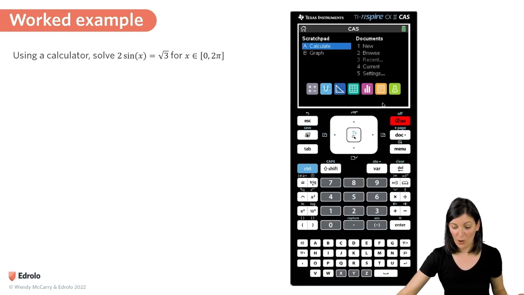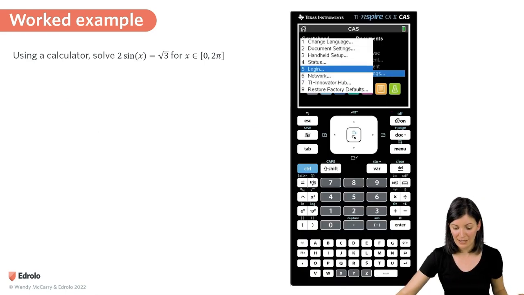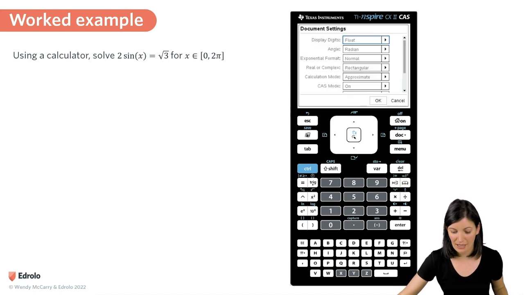So we're going to check our previous solution to this using our calculator now. So we go to the home page and we go into our settings and we go to our document settings. And if you scroll down here, do you see the calculation mode here is on approximate? We want to change that to exact, and then that's going to give us the answer in the format that we want, okay? And that's going to give it to us as a fraction and in terms of pi.